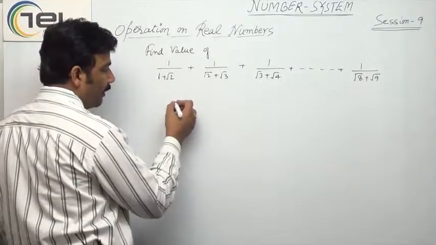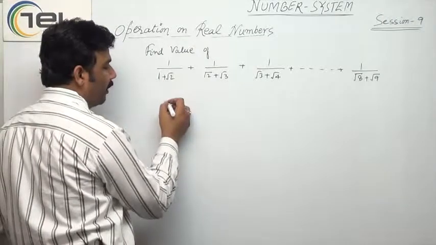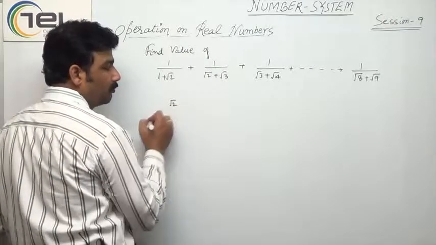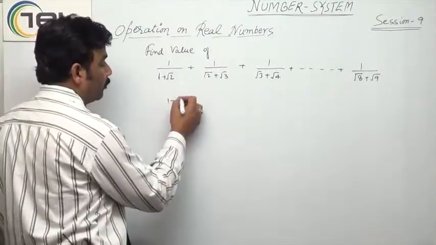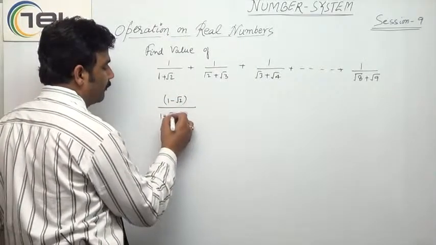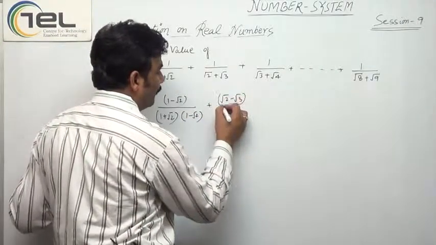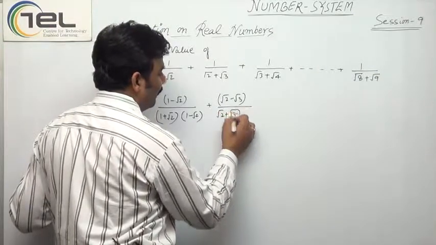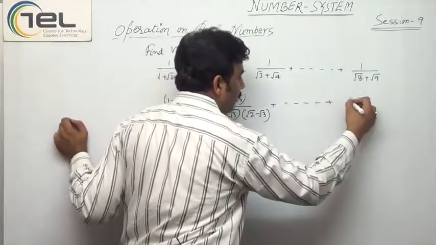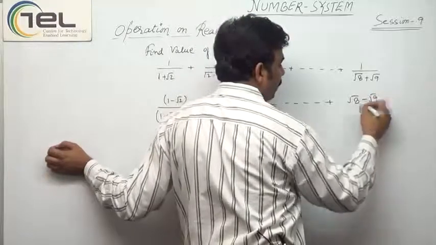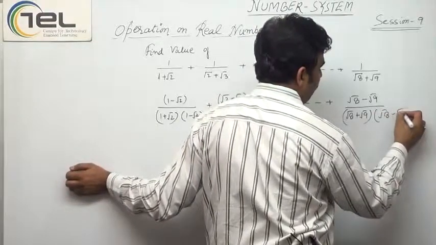I will rationalize it and multiply it by 1 minus root 2, then rationalize this with root 2 minus root 3, and so on till root 8 minus root 9 upon root 8 plus root 9.